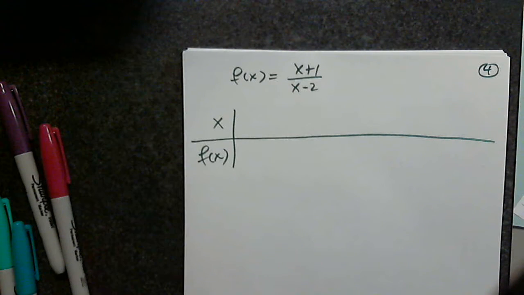Why? Anyone else but Susan? Why do we exclude 2? Because at 2, what happens at 2? It makes the denominator zero. You can't divide by 0, which means the function is undefined at 2. Very good.